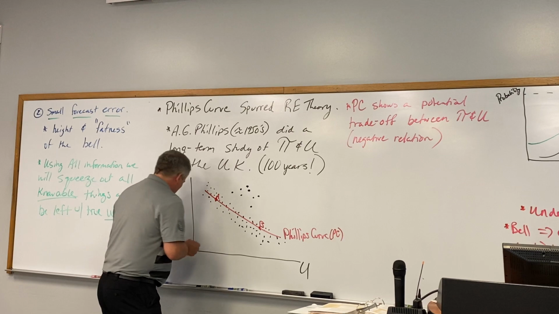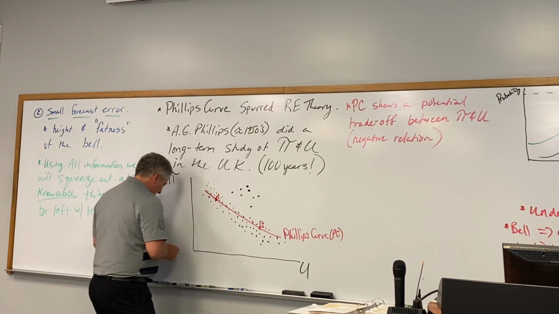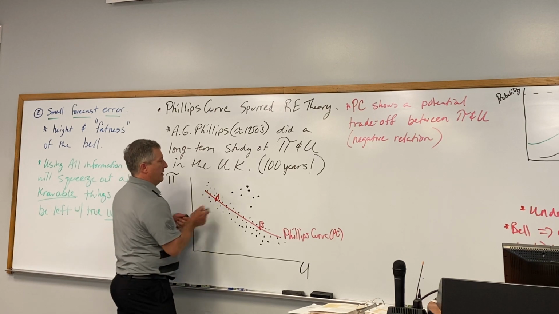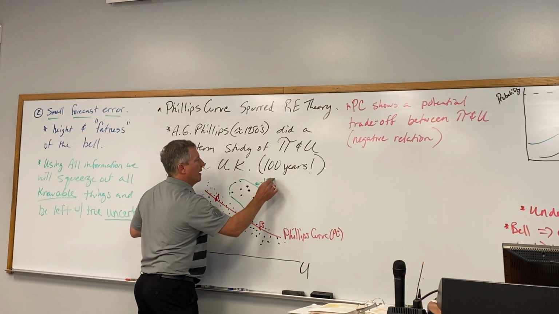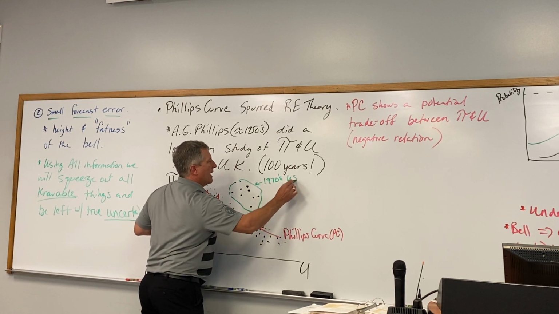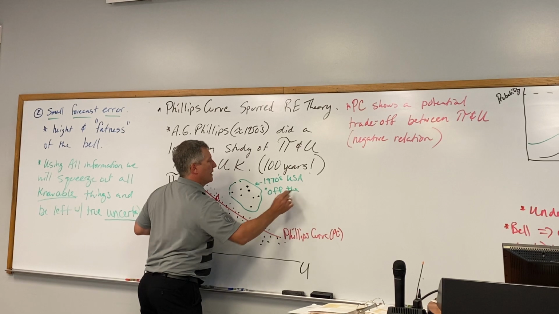And so on your papers, if you kind of want to do the same thing, we can highlight here, 1970s, USA, we are off the Phillips curve.